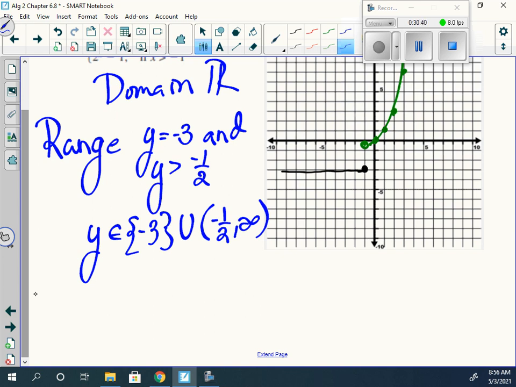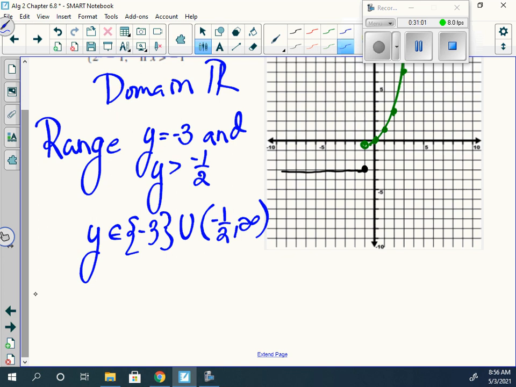We use those if it's individual points. We use parentheses and brackets if we're talking about intervals. Parentheses are used if it is not included. Brackets are if it is included. Any questions on this here?